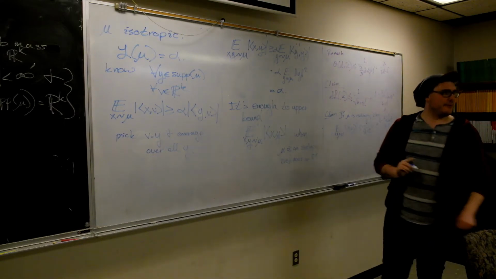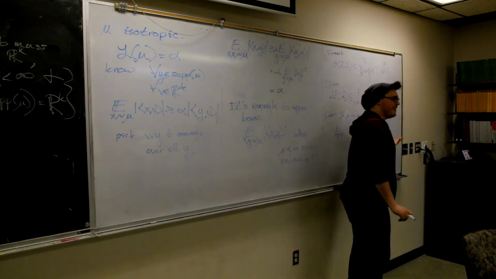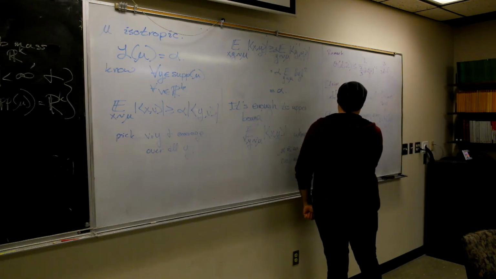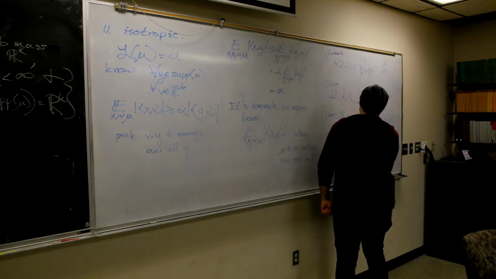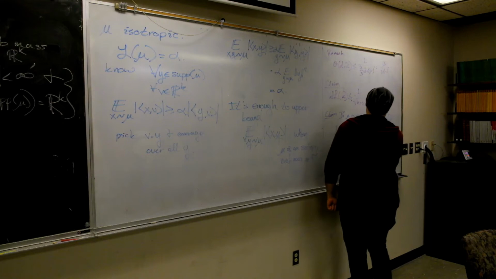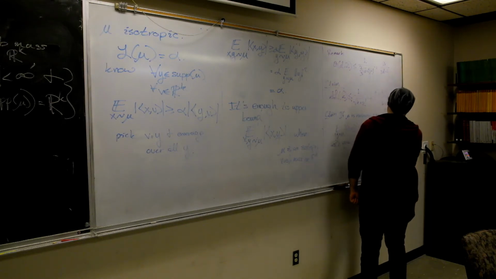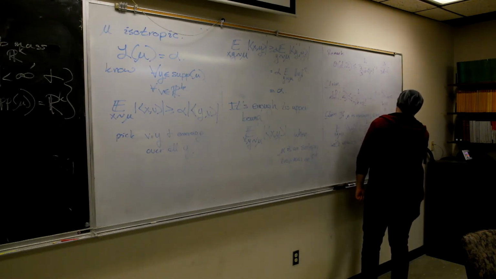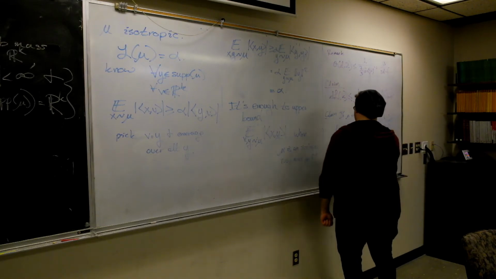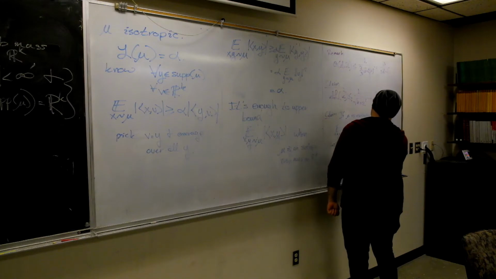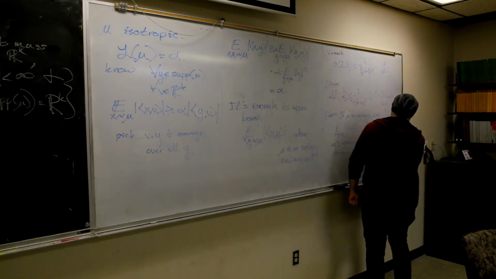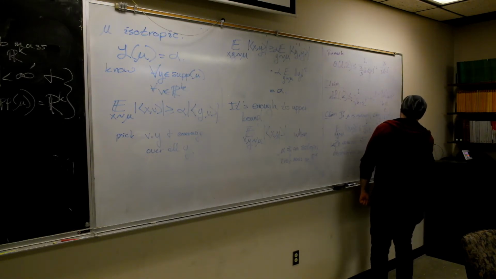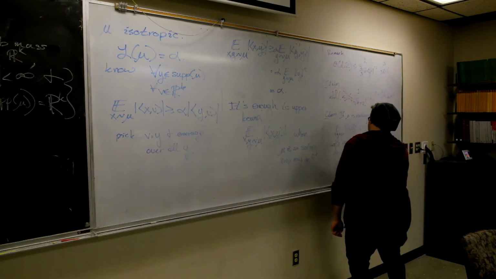But I can tell you something further. Where does this funny number come from? With equality if and only if mu is the uniform distribution over a certain structure. Over, and I'll define this in a second, a system of k plus 1 choose 2 equiangular lines.